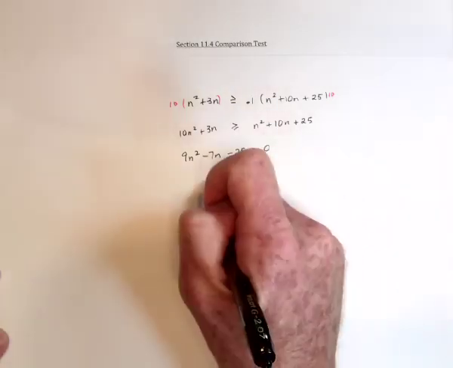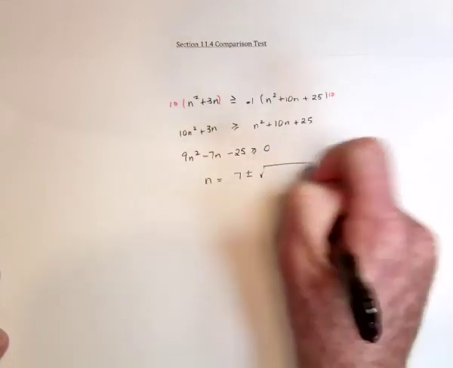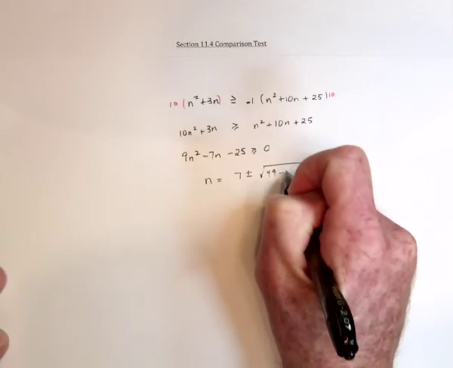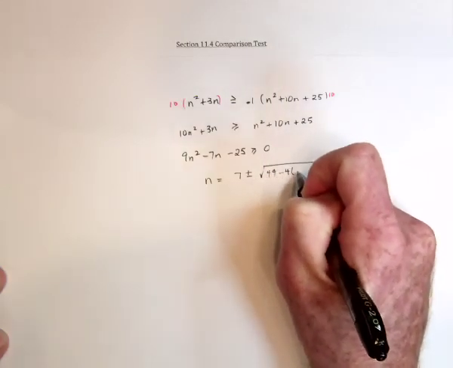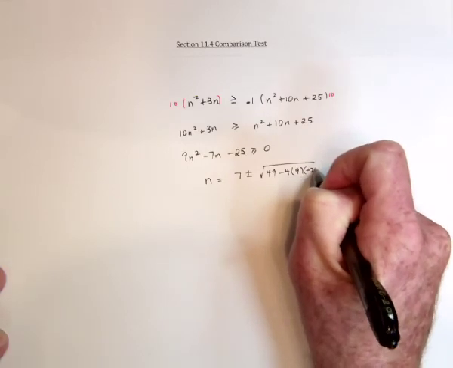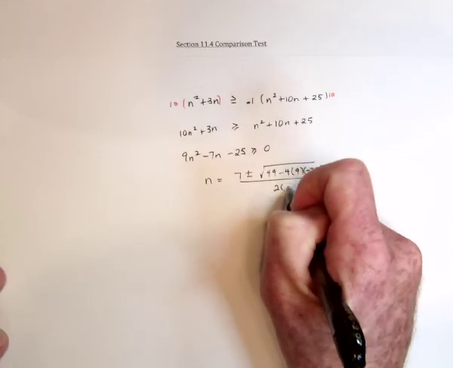So quadratic formula, n is going to be negative b plus or minus the square root of b squared, so that's going to be 49 minus 4 times a times c, and then divided by 2 times a.